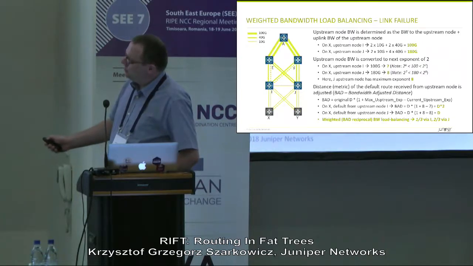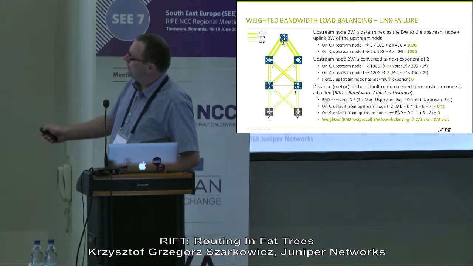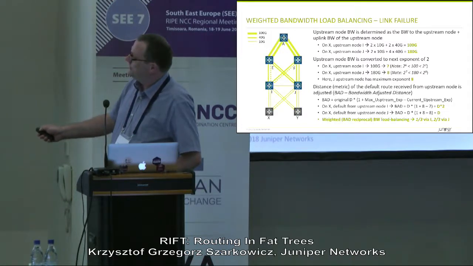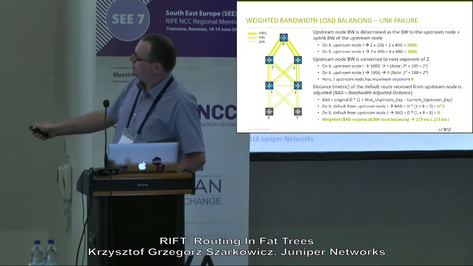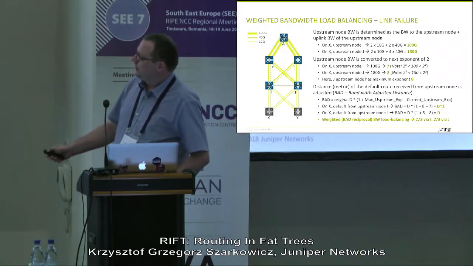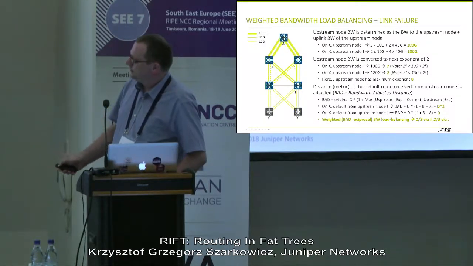Then, according to the current draft, we are determining the exponent of 2 of this one. So here 100 is between 2 to the power of 6 and 2 to the power of 7, so the exponent here is 7. And 180 is between 2 to the power of 7 and 2 to the power of 8, so it's 8. Here the maximum exponent is 8.